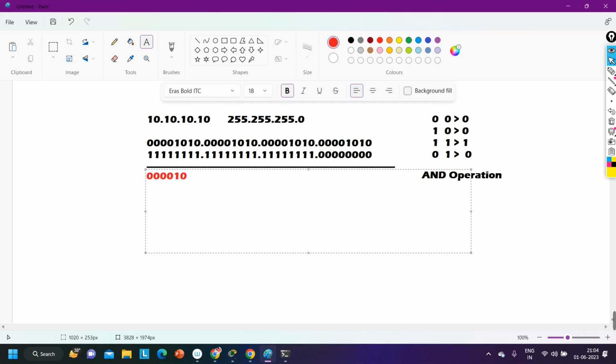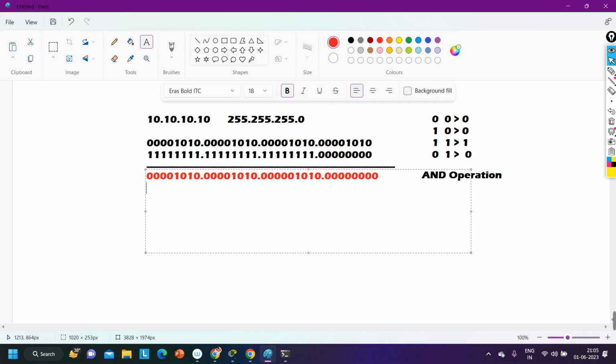After that, again 0 1 will become 0, 1 0, dot 0 0 0 0. After that 1 1 1, again 0 1 will be 0, then 1 1 1, again 1 1 so it will be 1, and again 0 1 will be 0. Dot 0 0 0 0 0 1 0 1 0. This will be the output, and in the lower line all bits are 0, so all values will become 0 over here.